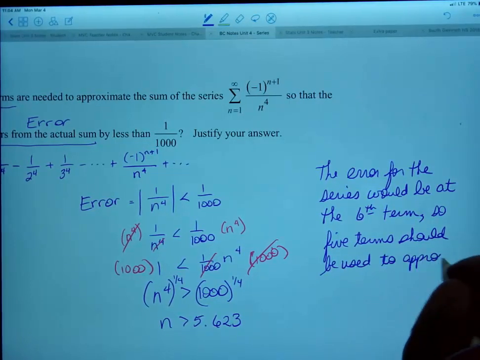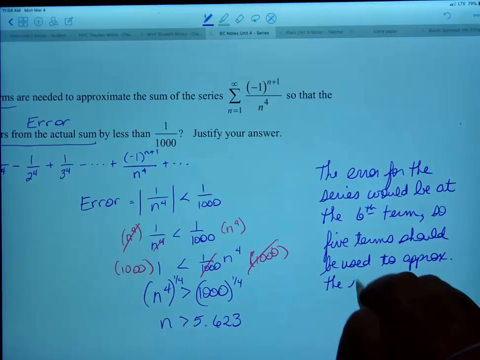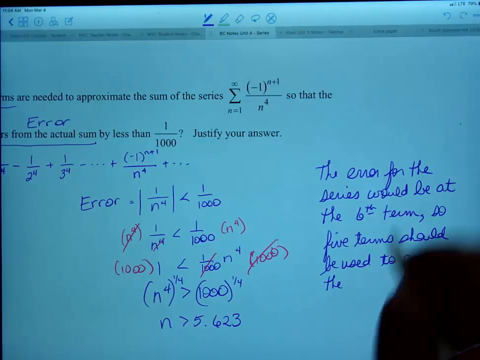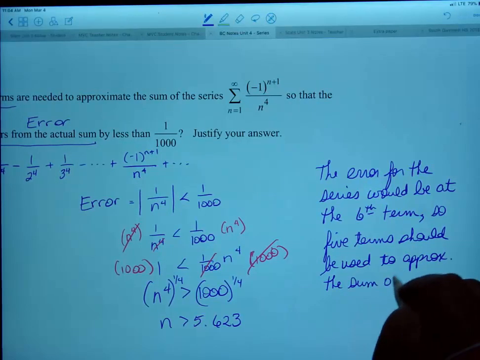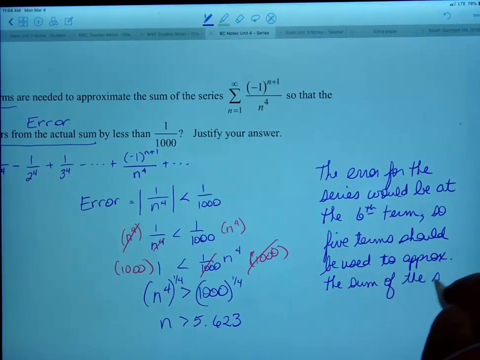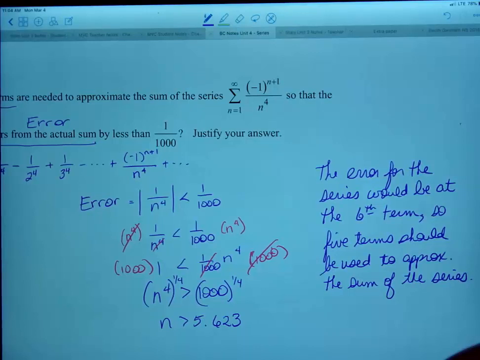Let's address it exactly as the question asked. It said how many terms are needed to approximate the sum of the series. Let's be even more specific. The error of the series would be at the 6th term, so 5 terms should be used to approximate the sum of the series.